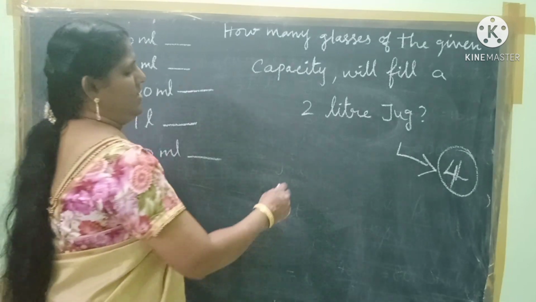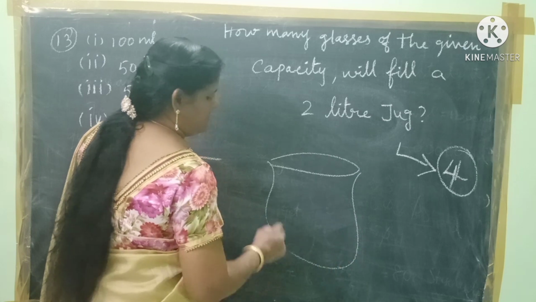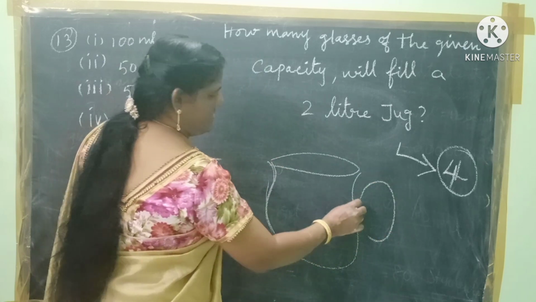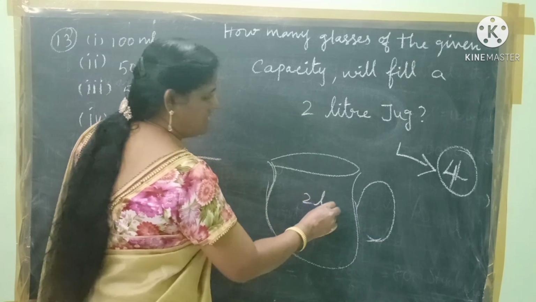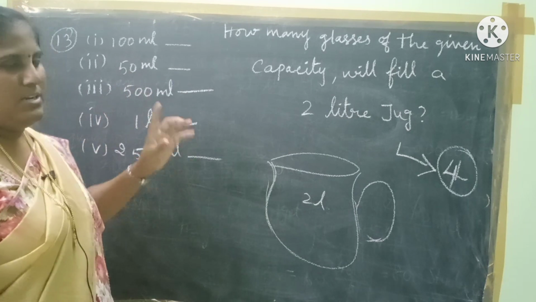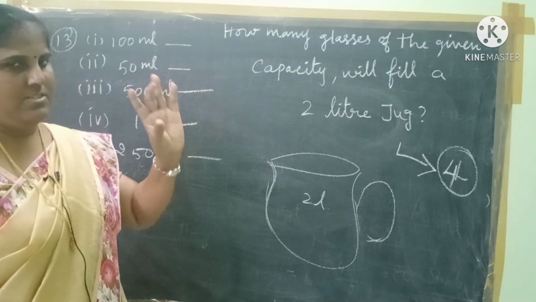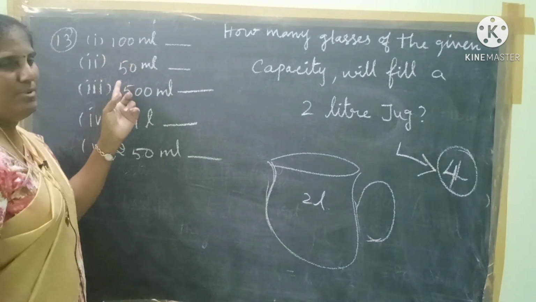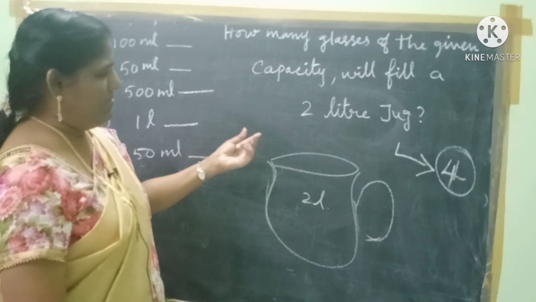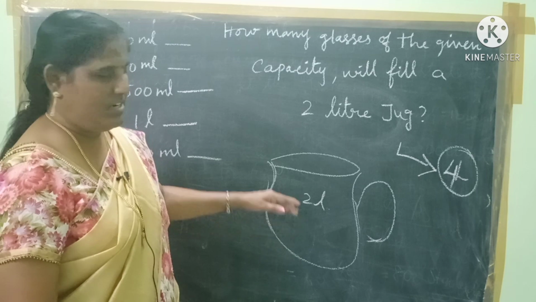So see, if you take a 2 liter jug, what is the capacity of the jug? 2 liter jug. Now we are going to take different measurements of any vessels. You just take it. 100 ml means how many times will you pour the water into the jug to fill it?